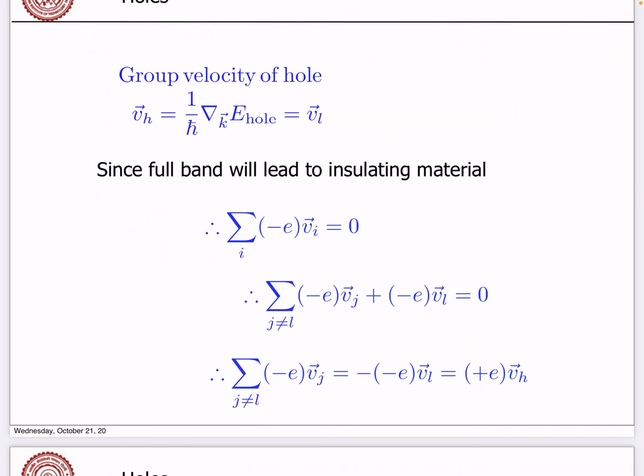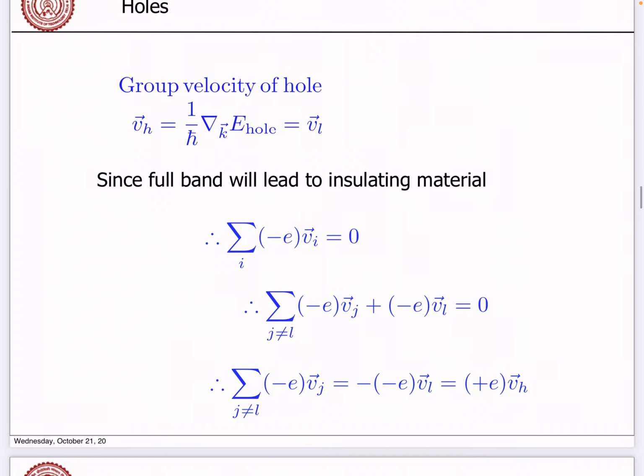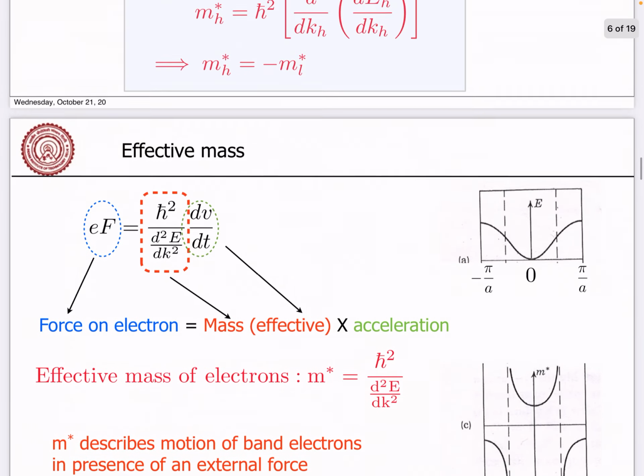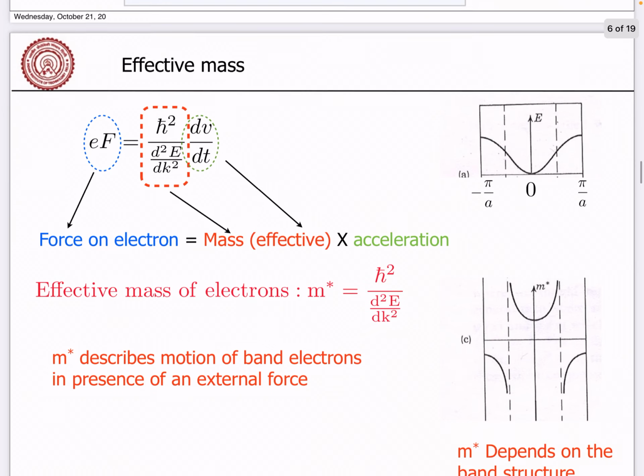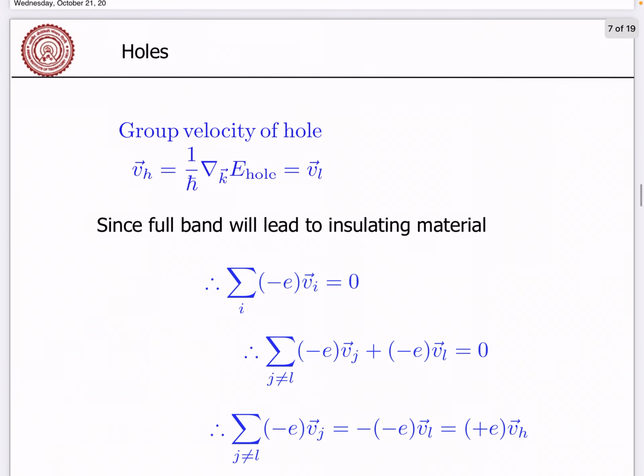Energy of the hole is minus E of k_l, as we have just defined right here. And the derivative del E del K: now K is also minus k_l, so two negative signs get cancelled here, right? So therefore the velocity of the hole and the velocity of the lth electron are the same. Okay, so the lth electron, because the lth electron has been removed from the band, right?